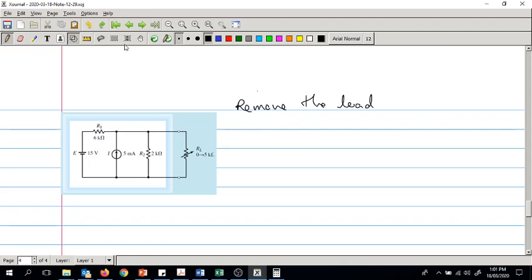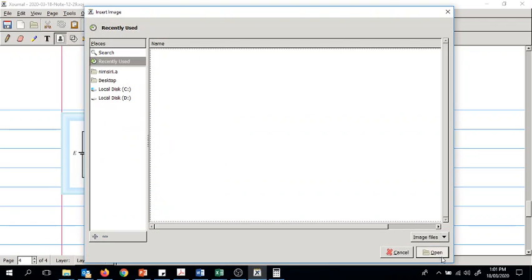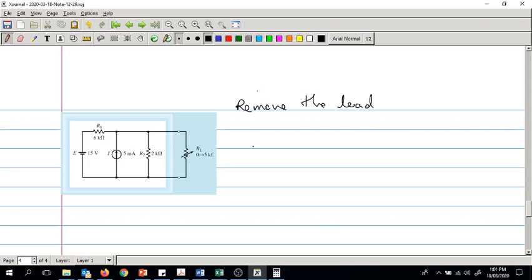Okay, I'll play a little trick here. I'm going to copy this. Oops, it didn't copy it. Why is it so? Okay, let's try again.